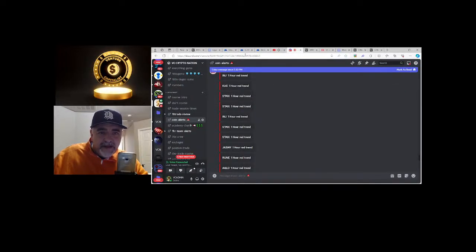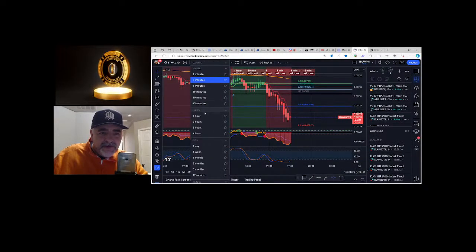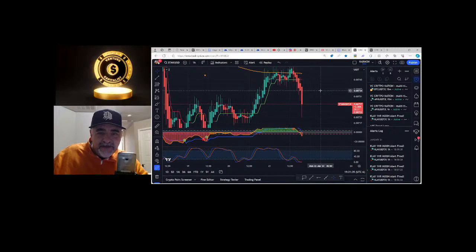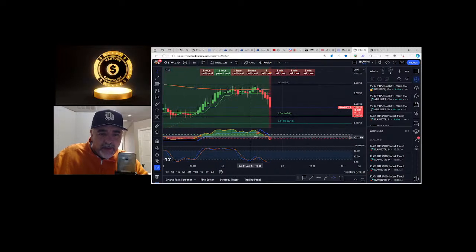Let's go look at it. We are missing some trades here. So look how nasty that is. Boom. All right, so there's your 1 hour red moon. See that? 1 hour red moon, RSI pushing back down, crosses over. That's the trade we should have been in.